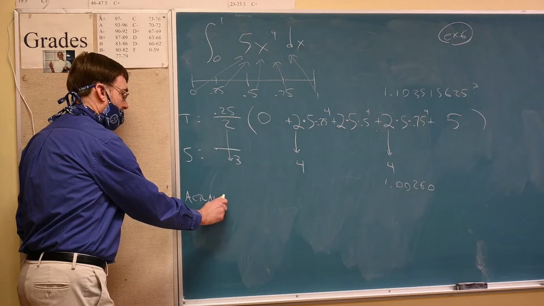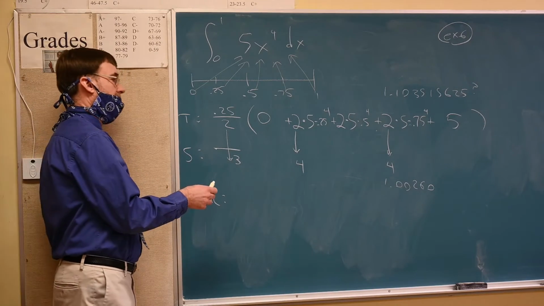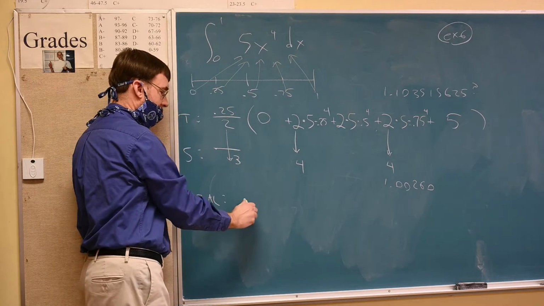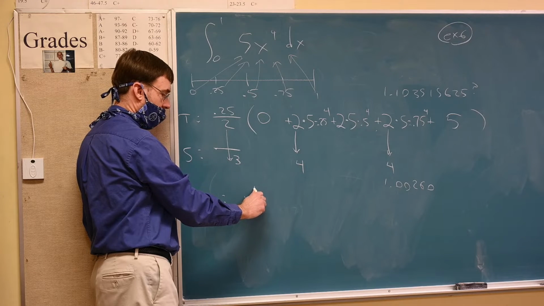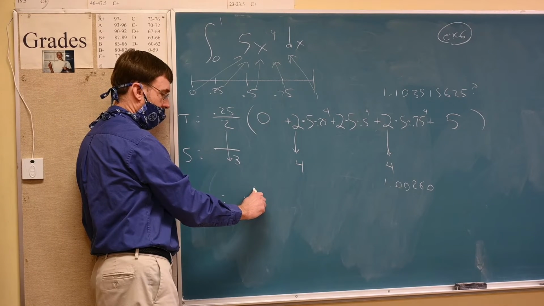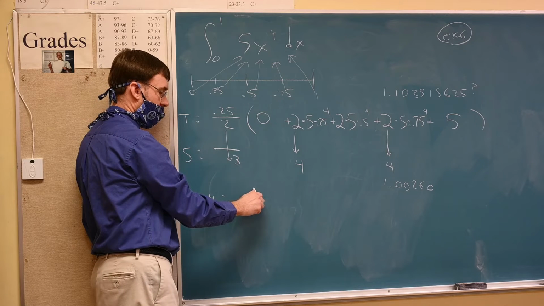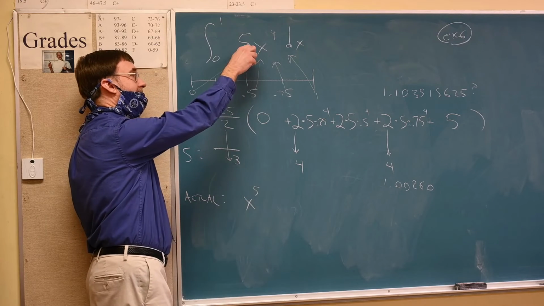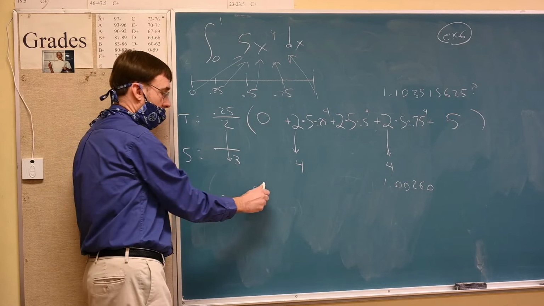And then in a lot of the homework, they'll ask you to also find the actual answer. The actual answer means do the antiderivative. So the antiderivative of x^4 becomes x^5, and then we divide by that new power, so the number in front is just a 1.